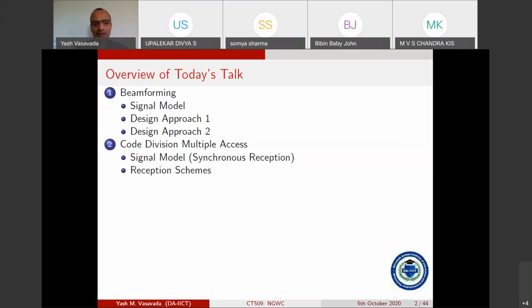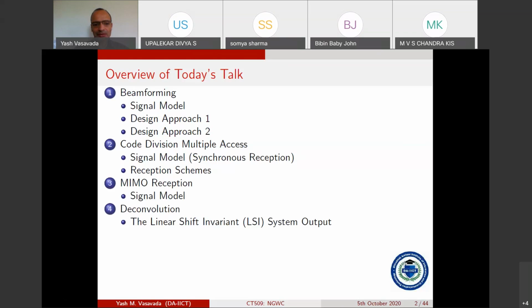So we'll get into that a little bit. We'll look at MIMO reception. We'll also briefly consider the deconvolution operation. And then maybe, if time permits, which is probably not going to be today, I want to give you a theoretical underpinning of the several techniques that we'll be studying in the course of this lecture session.